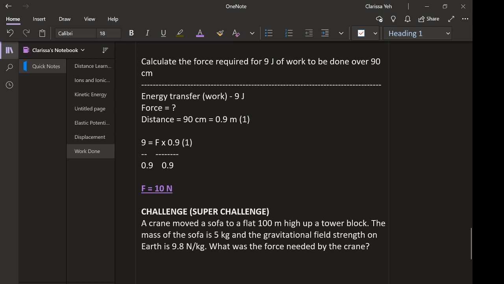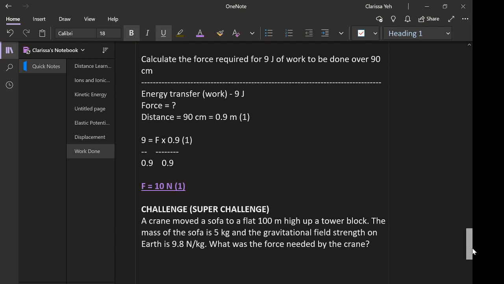You would get a mark for substituting things incorrectly, and then a mark for the final answer. So we should have gotten 10 newtons for the first one.